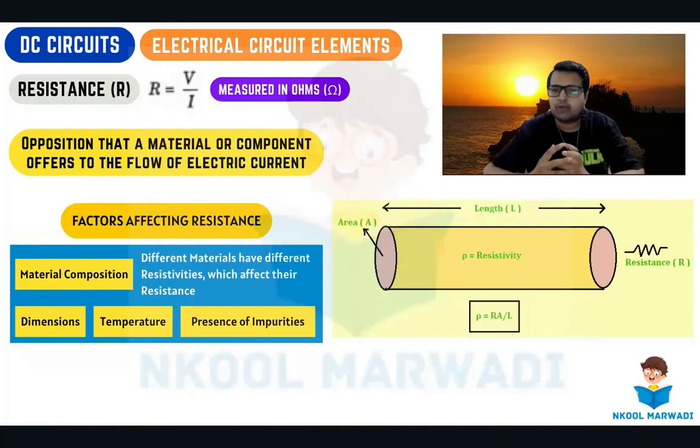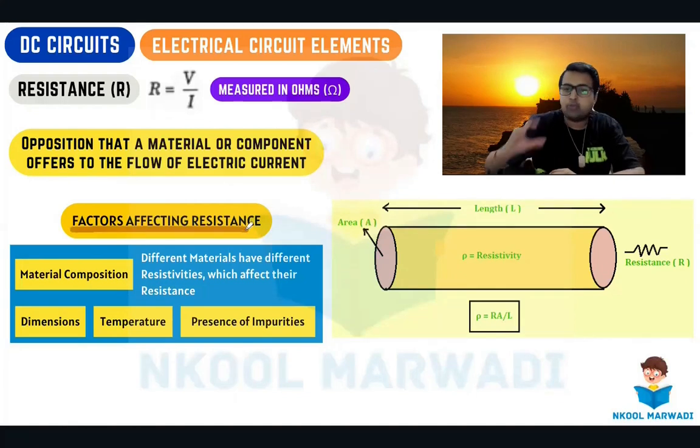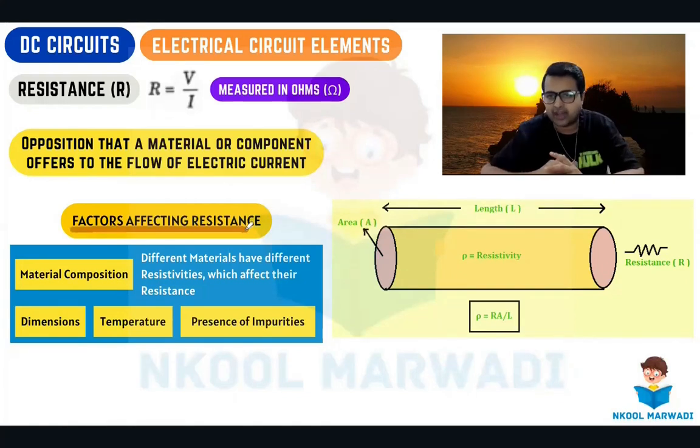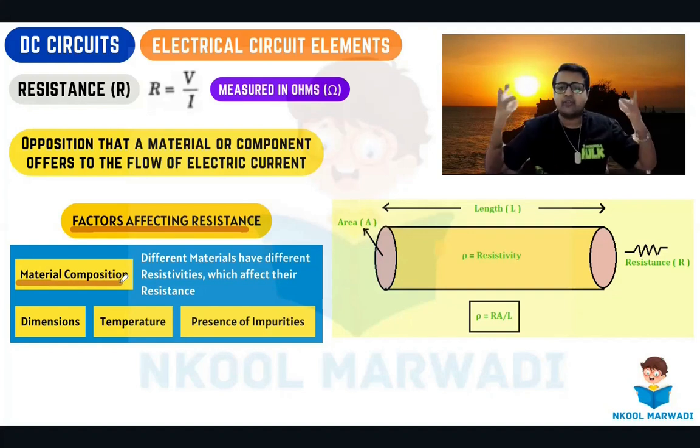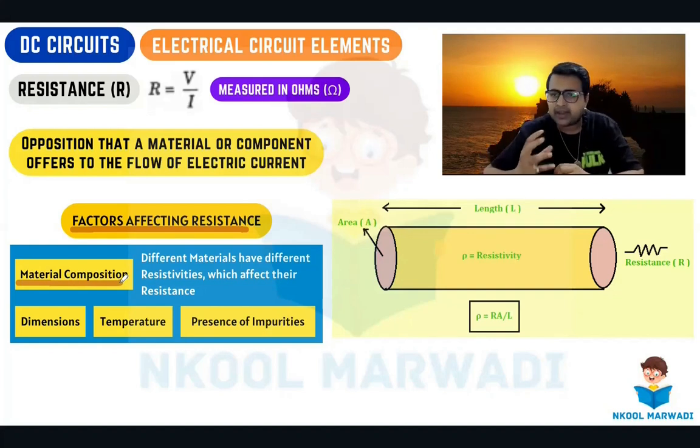Let us look at some of the factors which affect resistance, the opposition offered to the flow of current. Definitely material composition is one of the factors, and we can easily see how it might influence the flow of current.